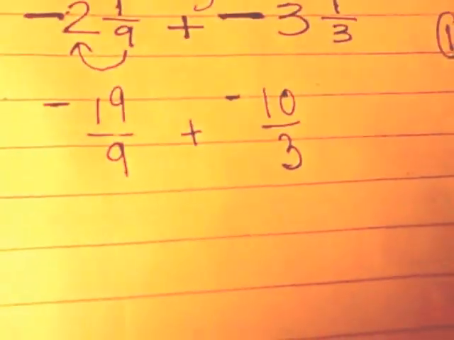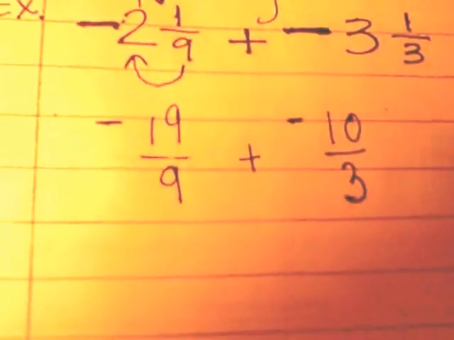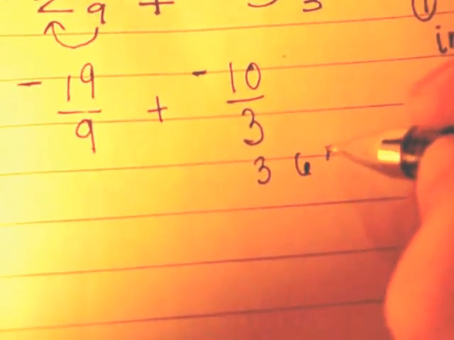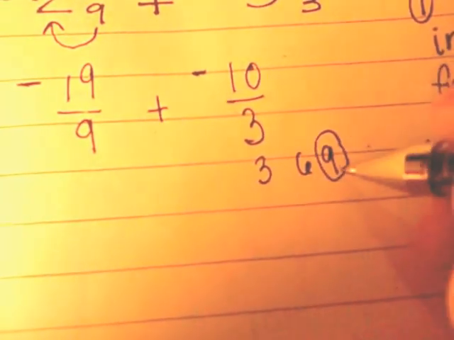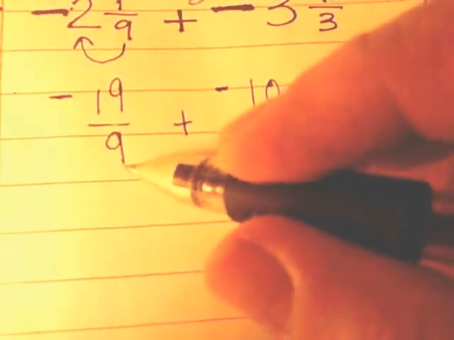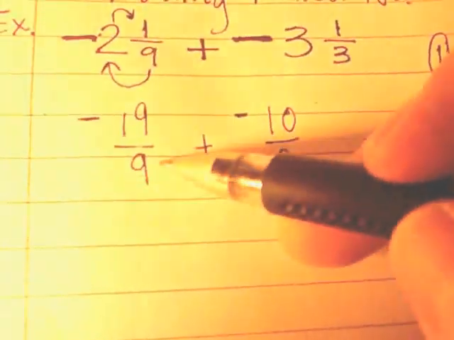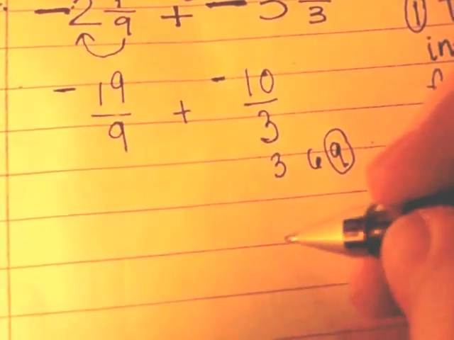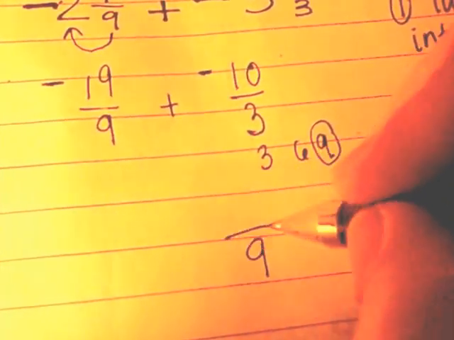Okay? But we can't add these fractions until we go back up here, until they have a common denominator. So, if I list my multiples of 3, 3, 6, 9, we have a common denominator, 9 and 9. I'm not going to have to do anything to this fraction, but I am going to have to change this one so that we have a 9 as our denominator.